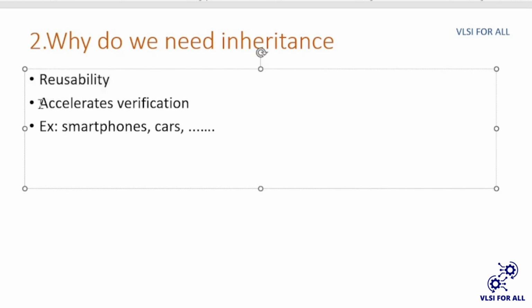It also accelerates the verification, because we are not verifying the entire thing, only what is newly added. You can take smartphones, cars, or bikes. A series will come, and in that series the entire thing is not new. Only a few things are changed.